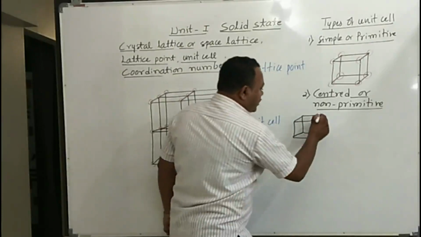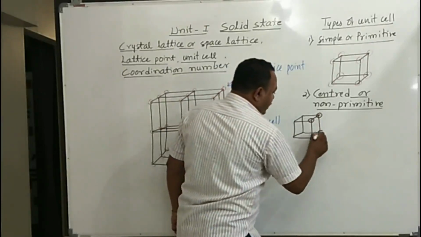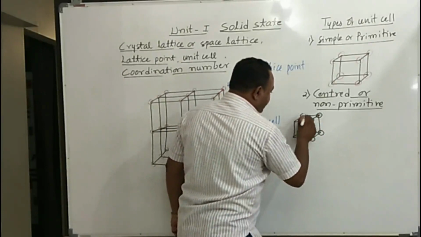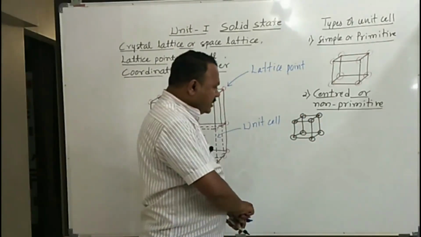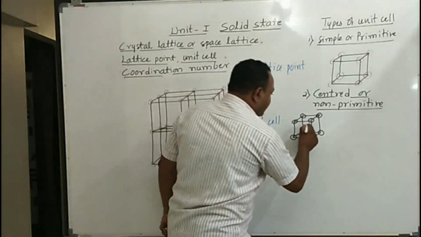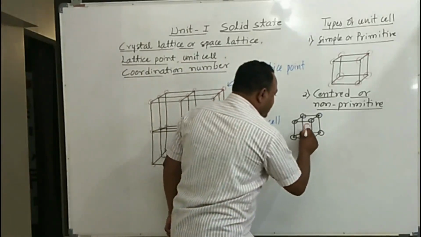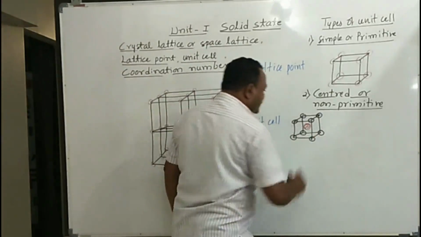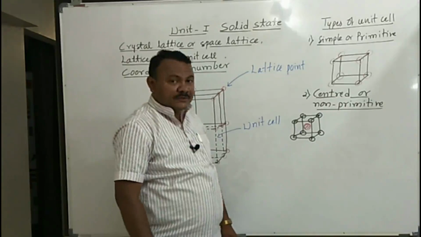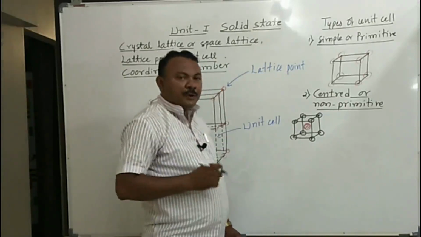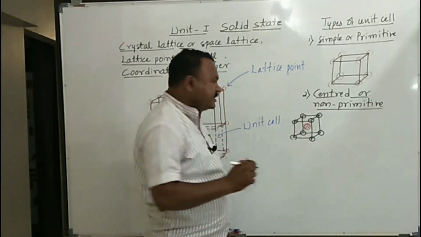In this unit cell we have particles at the 8 corners. So these are the corner particles. Apart from this, there is another particle at the center of this unit cell. So the red colored particle is present at the center of the unit cell. This type of unit cell is called body centered unit cell.